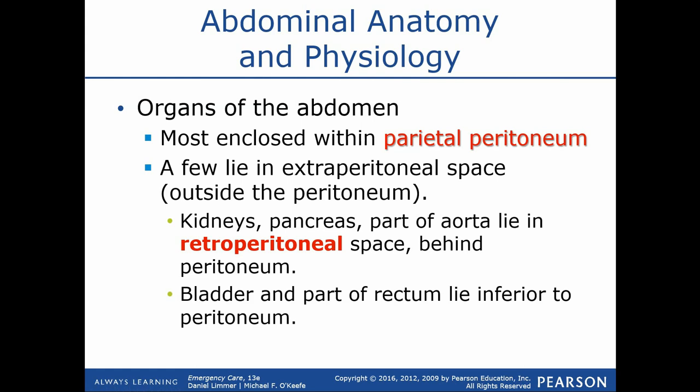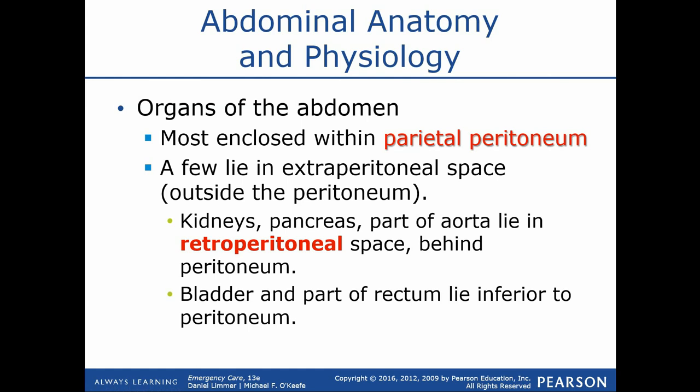Now, the reason that's important to understand is because those organs, when they are infected or injured, whatever, the pain will typically be felt more in the back than in the front. So it makes sense that things that are retroperitoneal, or behind the peritoneum toward the posterior aspect of the body, would be felt in the back.